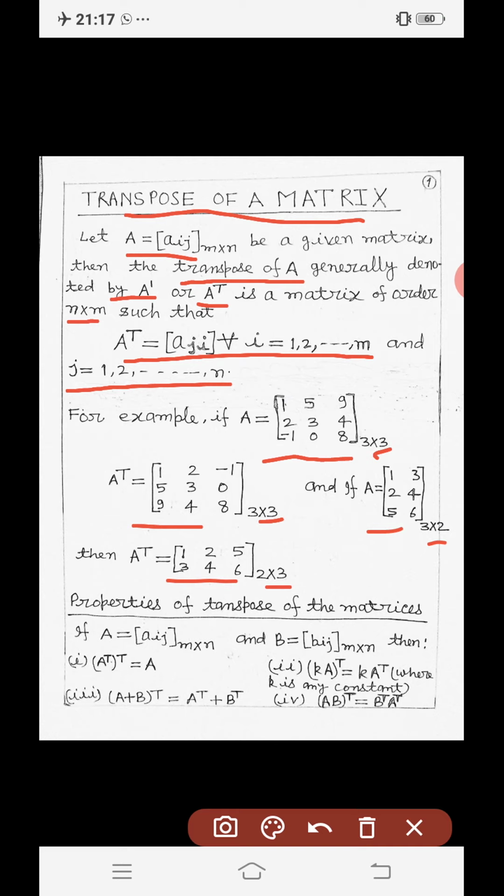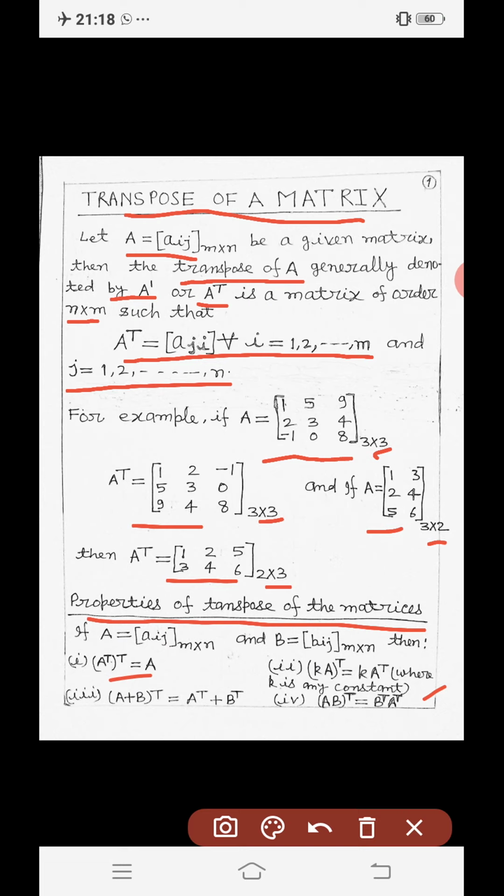Now we will discuss properties of transpose of matrices. If A equal to [aij] of order m by n and B is equal to [bij] of order m by n are matrices, then first, transpose of A transpose is equal to A, and second, transpose of KA is equal to K A transpose, where K is any constant.